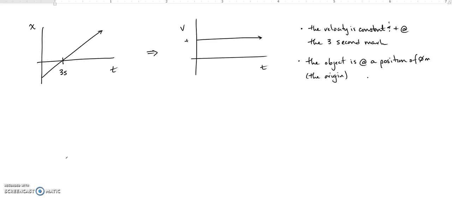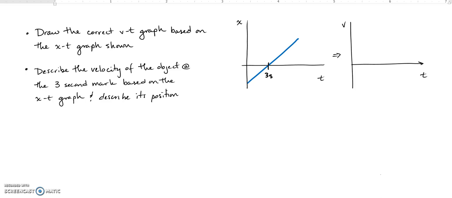All right, so let's jump back to the question. Velocity time graph based on the position time graph shown. So when it says a velocity time graph, remember velocity is defined as the slope of a position time graph.